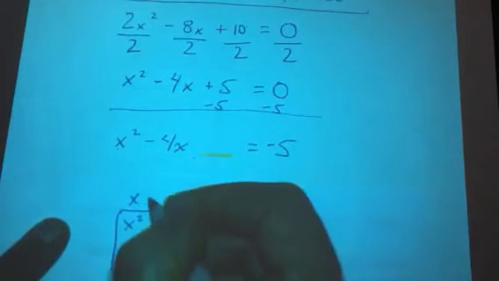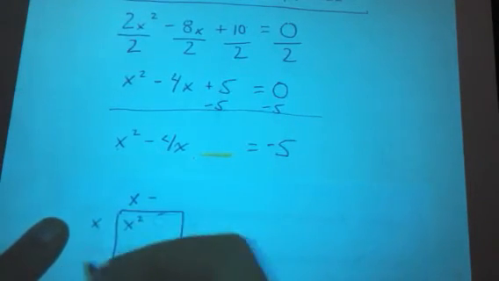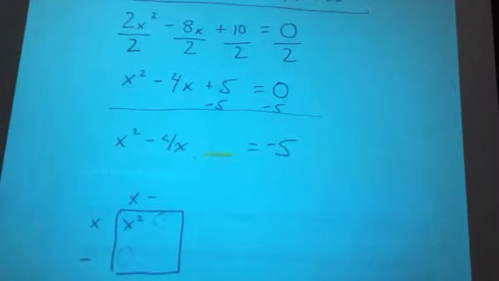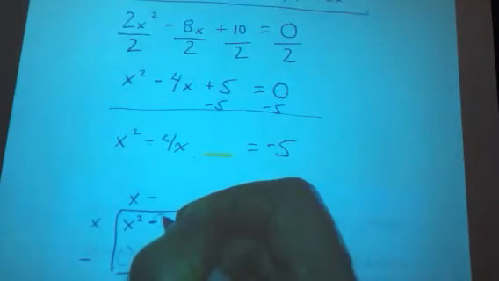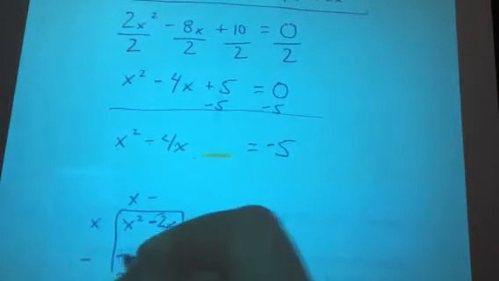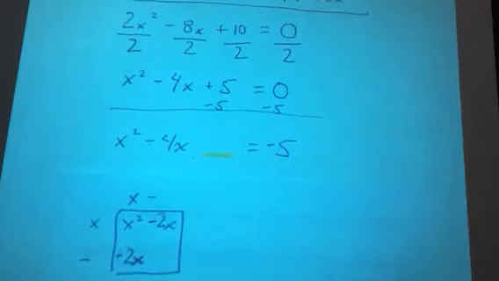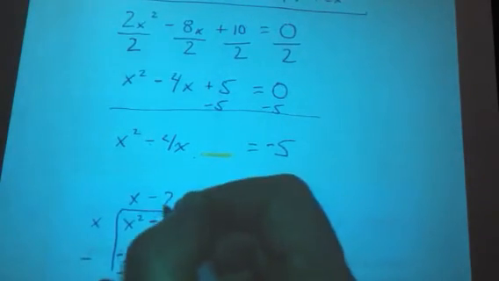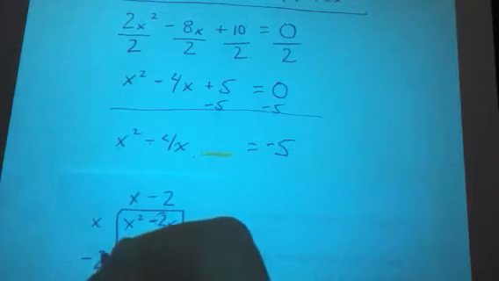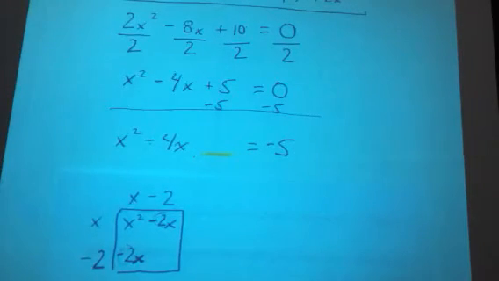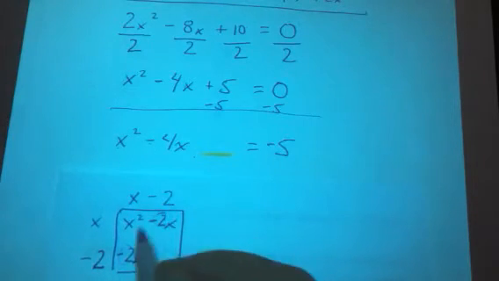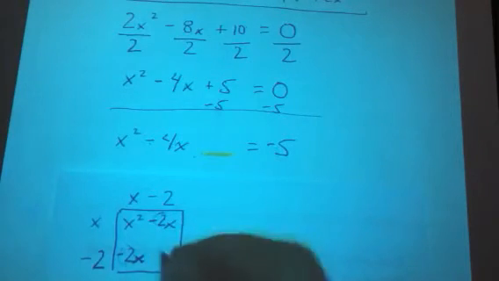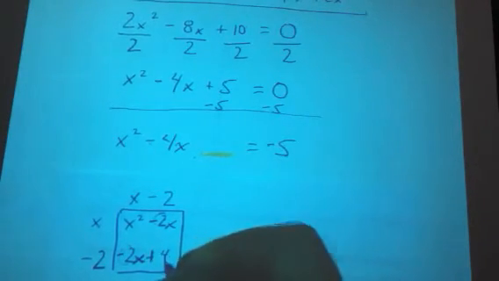So then we'll take this negative 4x and divide it by 2 and say this is minus 2x and this is minus 2x. So then this is x minus 2 and this is x minus 2. And we see that when we multiply x minus 2 times x minus 2, we get x squared minus 4x. But then we have this other term, plus 4.